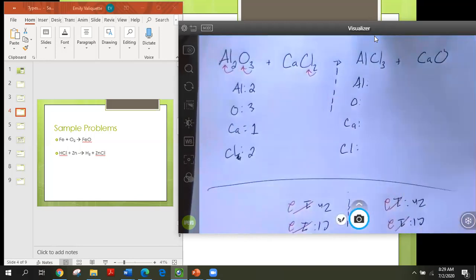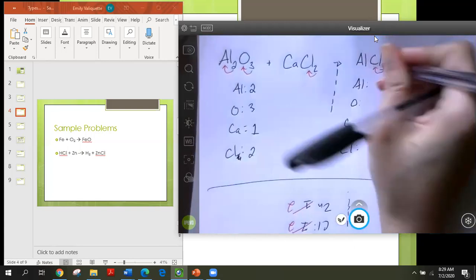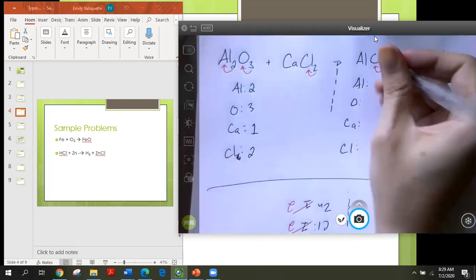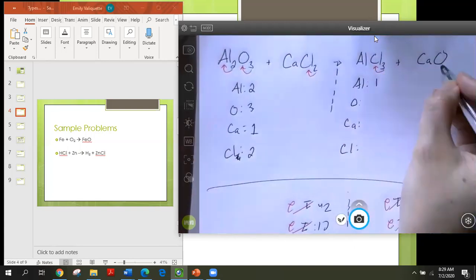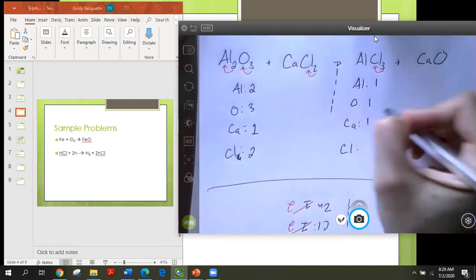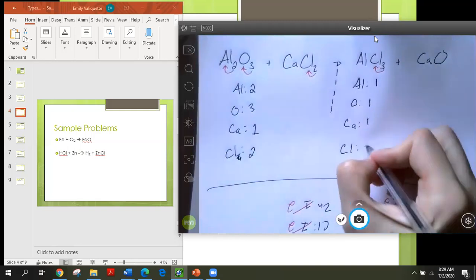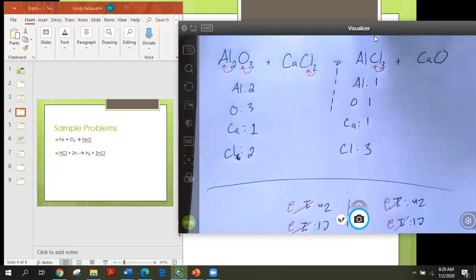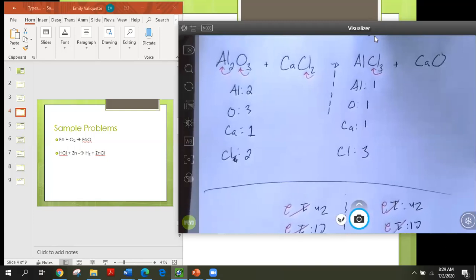And then on the other side, I have 1 aluminum, 1 oxygen, 1 calcium, and 3 chlorine. So I've got a lot of things that aren't balanced as of right now.